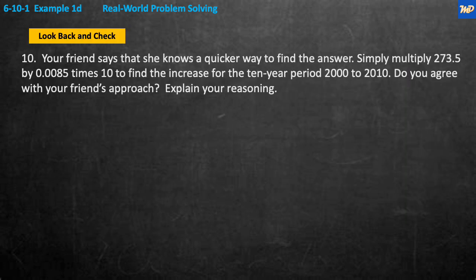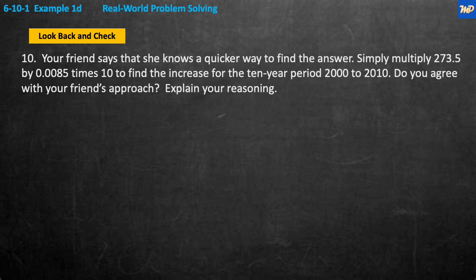Okay, example 1D of this real world problem. We're still in the look back and check section. Another question here says, your friend says that she knows a quicker way to find the answer.